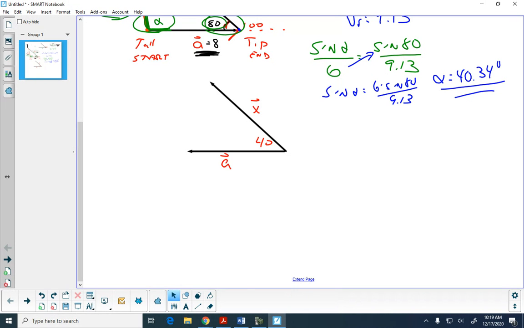Now what we want to calculate is the magnitude of A minus X.